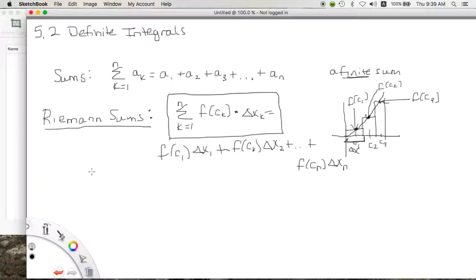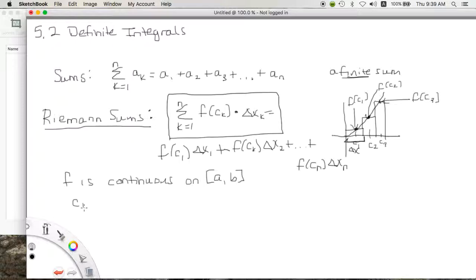Now, we have some definitions and things we have to go over. If f is continuous on a closed interval from a to b, then we can use the Riemann sum.